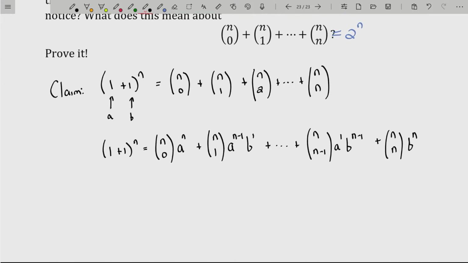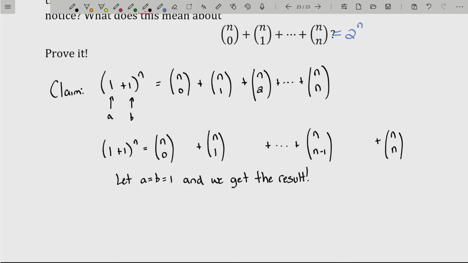However, a and b are both 1. So let a equal b equal 1, and we get the result. And this is much, much easier than using proof by mathematical induction. If you let a and b equal 1, you get the summation right here.